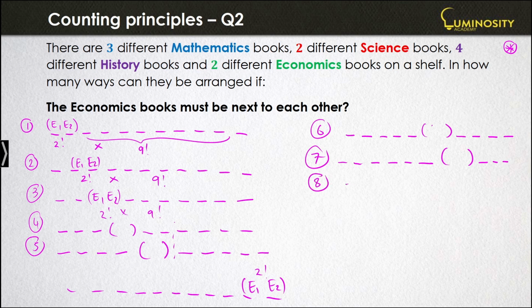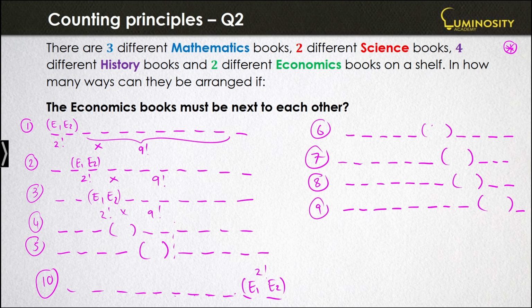The eighth way is going to be 7 spaces, right? 5, 6, 7, then 8, 9. The ninth way is going to be 8 spaces, so 8, 9, 10, 11. And then this is going to be the 10th position. So that 10th position is going to be 9 spaces, 1, 2, 3, 4, 5, 6, 7, 8, 9, and then the 2 books.